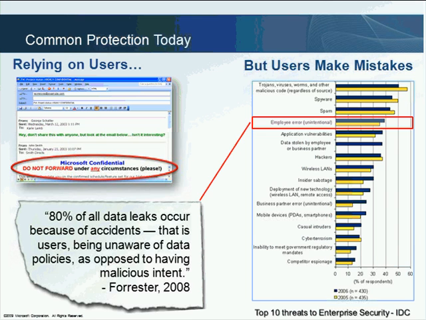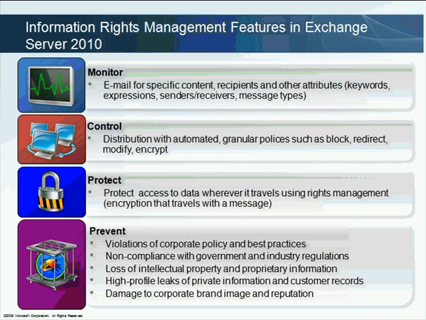You would have been seeing labels like internal only, confidential, do not forward and so on. But this is not a solution. You have no control on the end user, who may or may not forward this mail. Not 100% of the users are going to follow what you see. So here are some statistics: users make mistakes, mostly employee error, as per this graph that you are seeing.